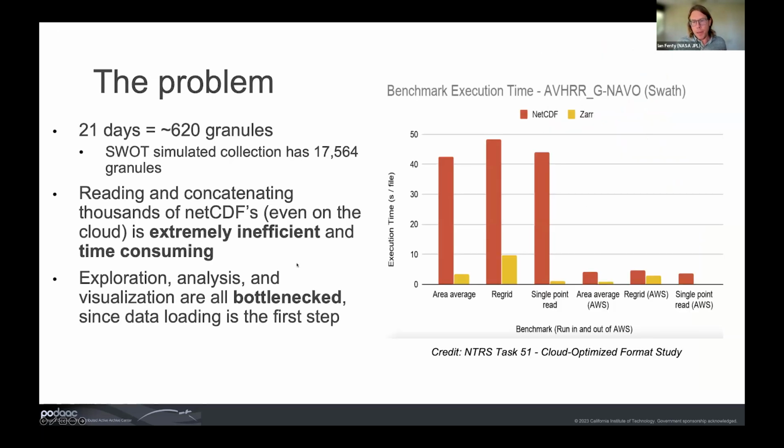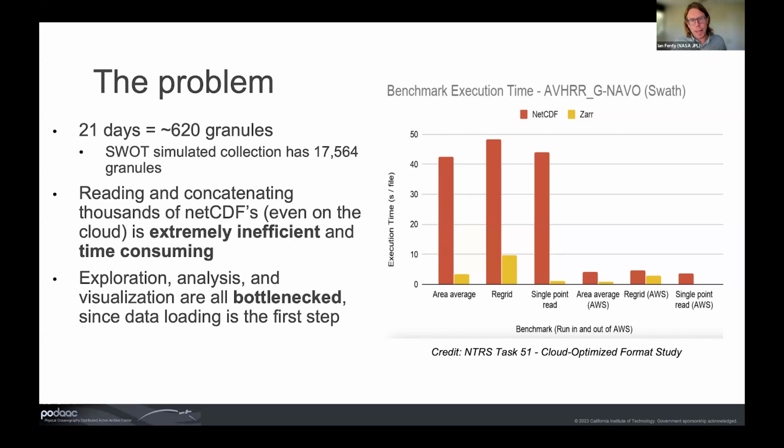So let's put some hard numbers on it. These bar charts on the right are some benchmarks. Look at the first three benchmarks. Basically, reading, remapping, and doing some calculation on one of these files, which is about the same size as a SWOT file, takes about 40 seconds per file on a state-of-the-art machine.